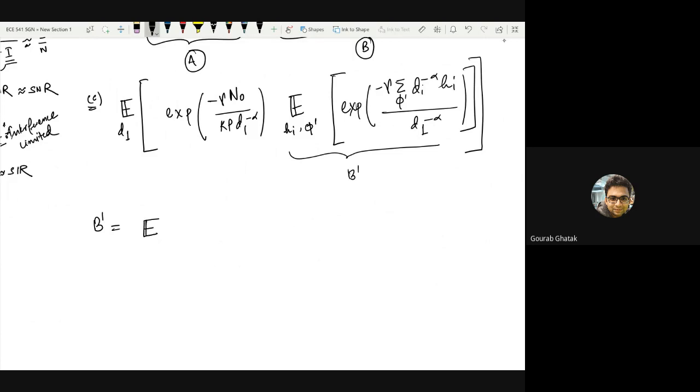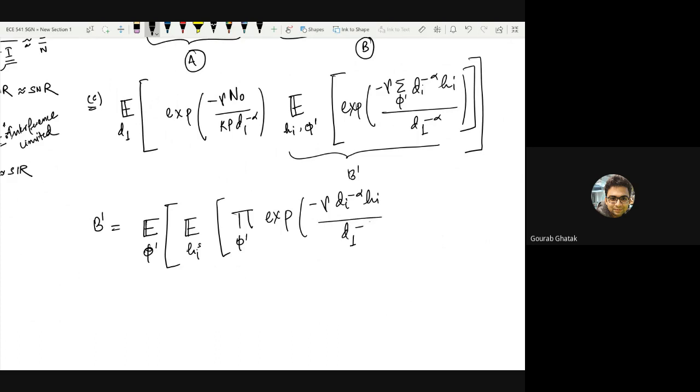So an expectation over, let's say, phi dash, expectation over the Hi's, of the product over all the phi dash of exp minus gamma di to the minus alpha hi by d1 to the minus alpha. Is this clear? Why can we do it?